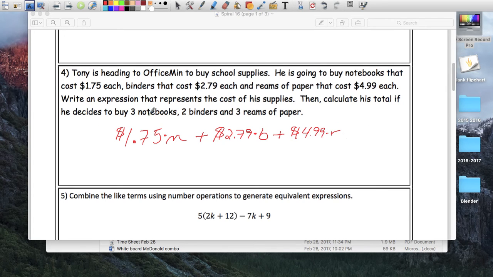So this is the expression that he can use, or anyone actually, who's buying these 3 items can use to find their cost. So that would be 1. Here's your expression.